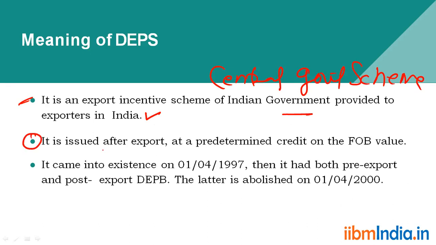It is issued after export at a predetermined credit on the FOB value, free on board value. It came into existence on 1st April 1997. It had both pre-export and post-export DEPB.